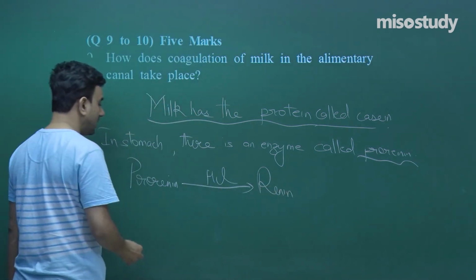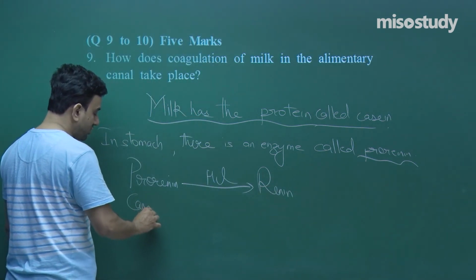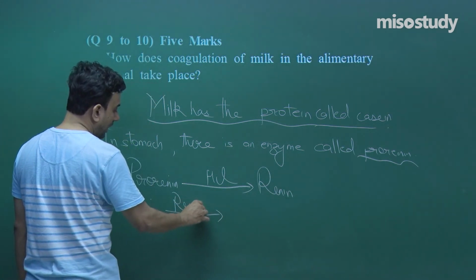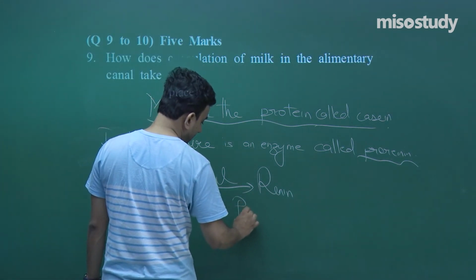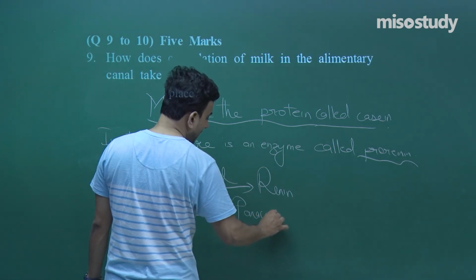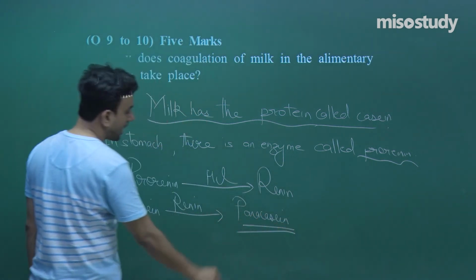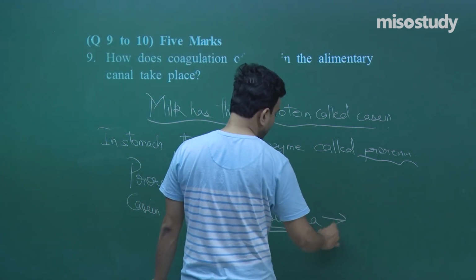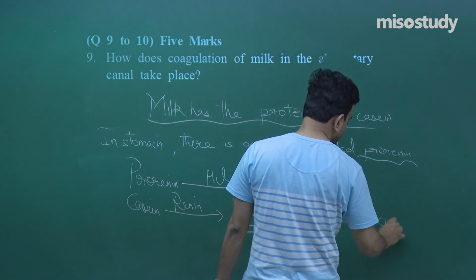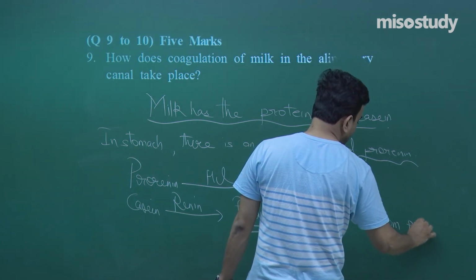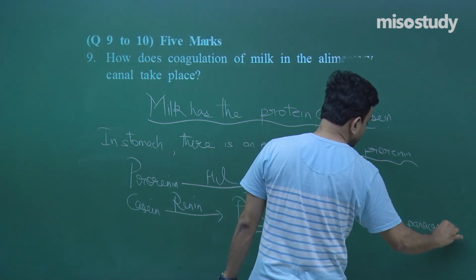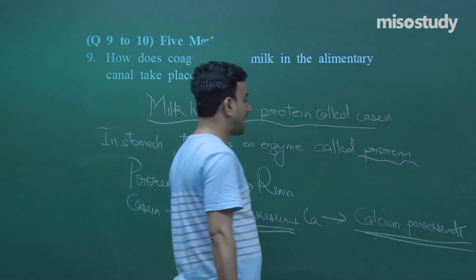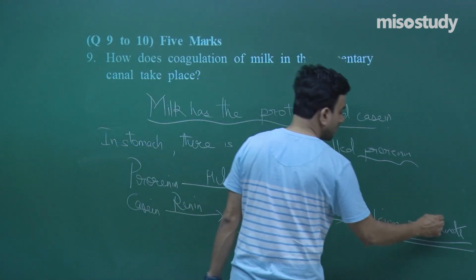Now this renin acts on casein, which is a milk protein, and converts it into paracasein, and this paracasein will combine with calcium to form calcium paracaseinate.